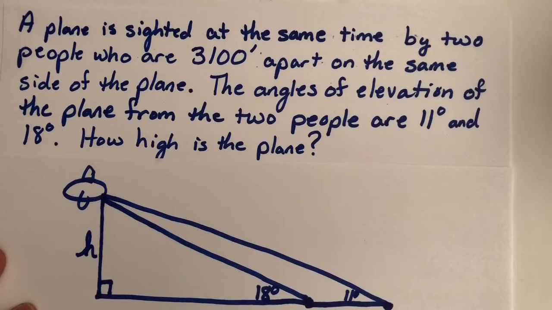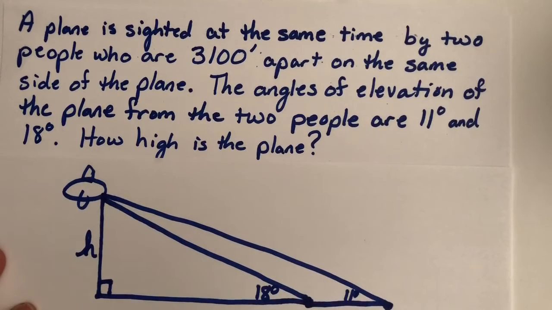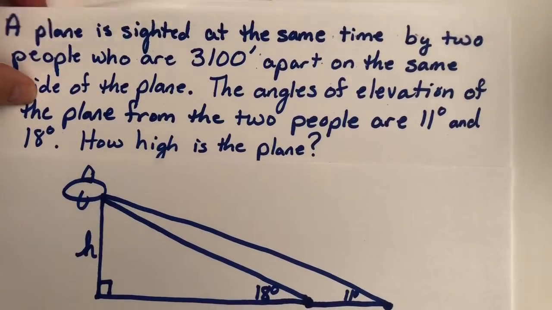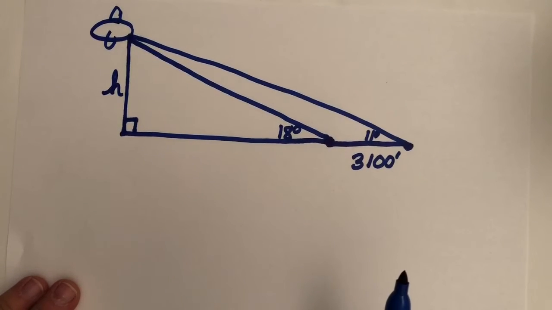It is possible to solve this problem using right triangle trig only by setting up a system of equations, but we're going to make use of the law of sines to solve it. Let me get rid of the wording here since we have the essence of the problem on the paper. And I want you to be able to see the work. So here we are.